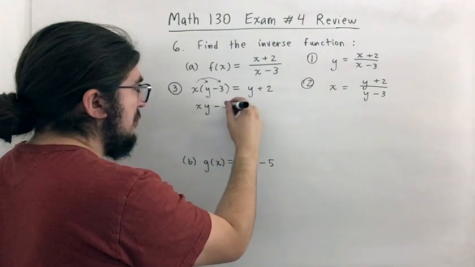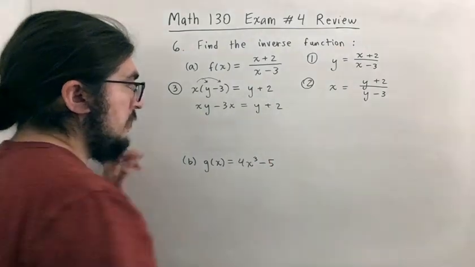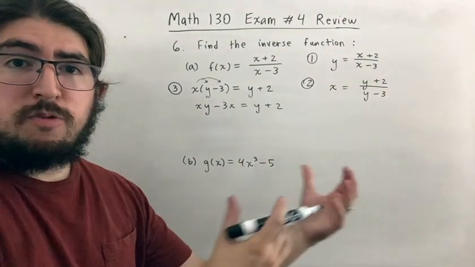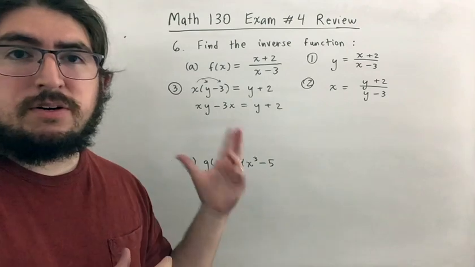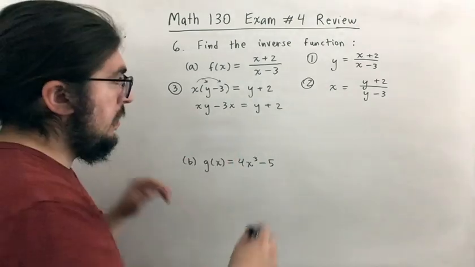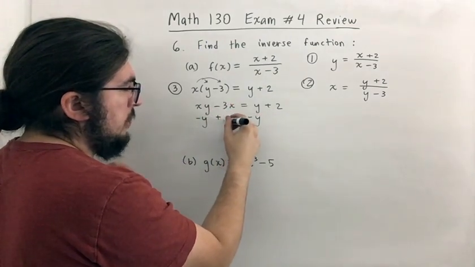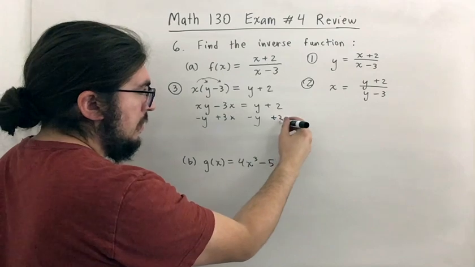And now, remember, our goal is to get y by itself. So this, as an equation in y, we need to move all of the y's on one side and all of the non-y terms to the opposite side. So this y I'm going to subtract to this side, and this non-y term, 3x, I'm going to add to that side.